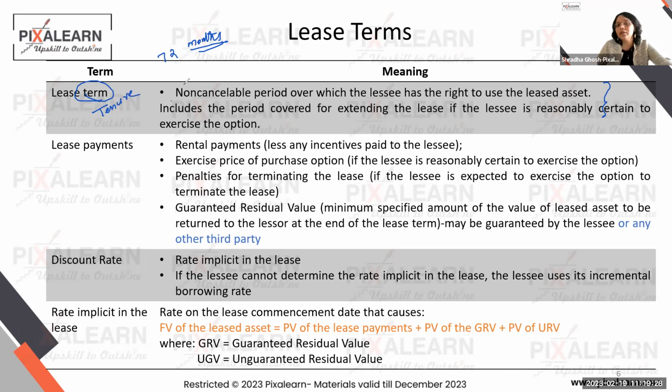We're talking about a period which is non-cancelable, and that is a period over which the lessor is going to give the lessee the right to use the asset. So let's say the asset is for an initial 3 years, but the contract says something more. Say there's a builder in the Bay Area who holds a huge property, and there's one condo that he gives to, let's say, Anita. Anita goes to stay in the Bay Area.